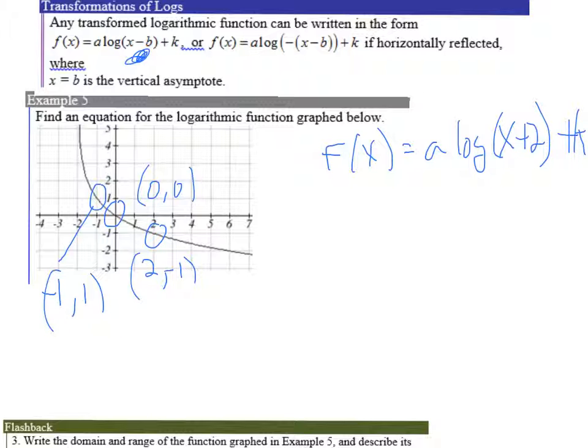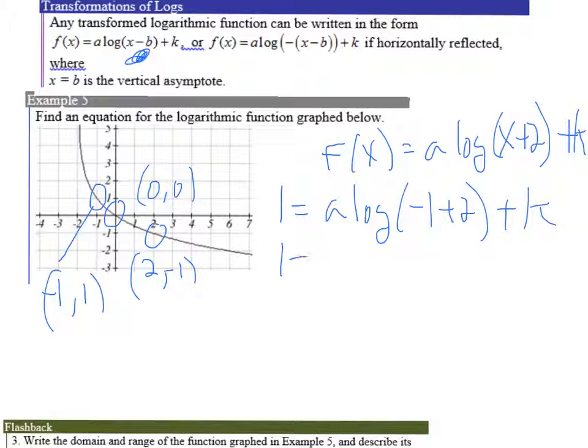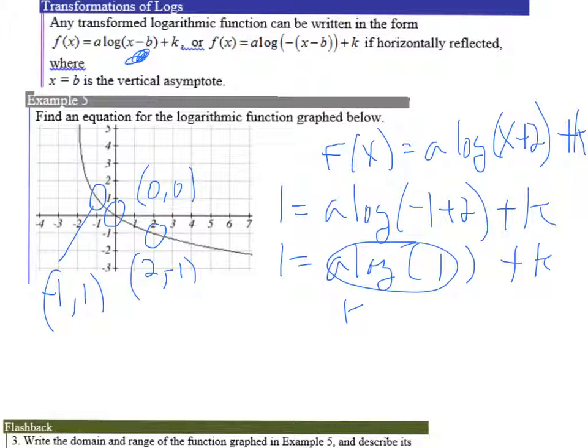So if I look at the points that I found, if I use this one where x equals -1, let's substitute that in. So 1 equals a times the log of -1 plus 2, plus some constant, maybe that's there. So 1 equals a times the log of, let's see, -1 plus 2 is 1, and the log of 1 is 0, so all this is gone, so k equals 1. So there's a vertical shift to this graph.